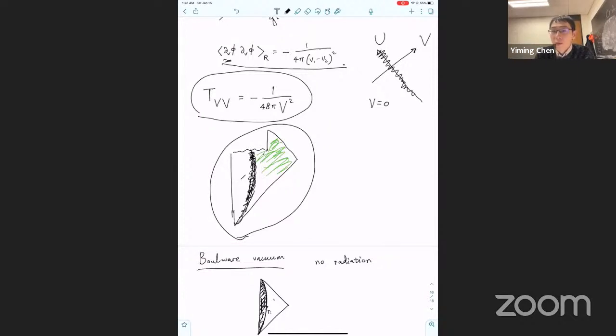That's the reason why, if you only collect the radiation that goes to infinity, you get a thermal density matrix. If there is no entanglement, you will get a pure state. But the point is that if there is no entanglement, there will be a firewall, because, as I argued here, there will be a singularity in the stress tensor. Yes, that's a good point.